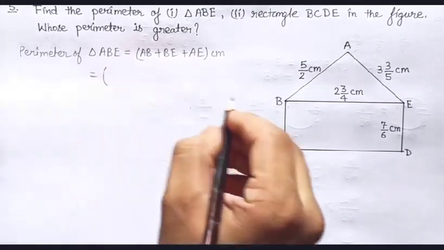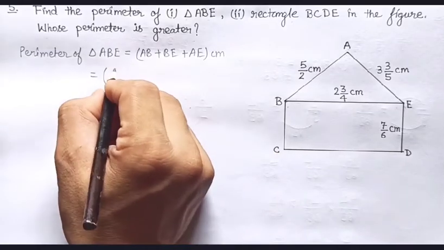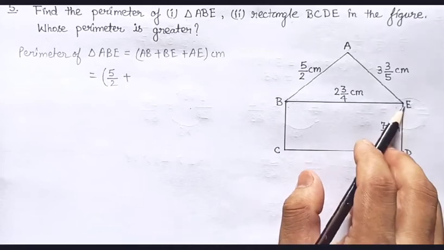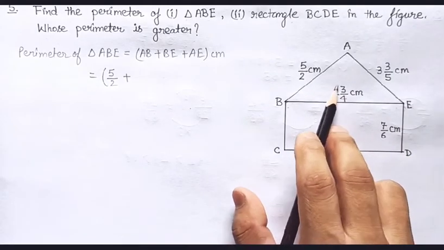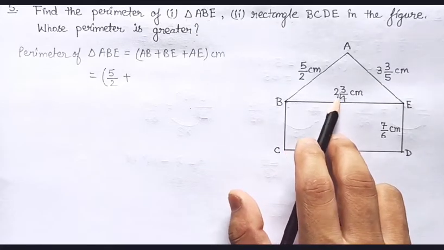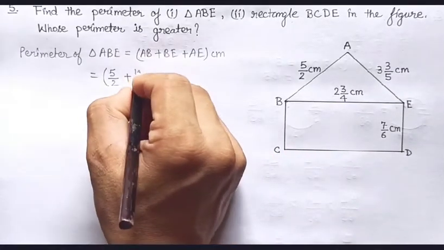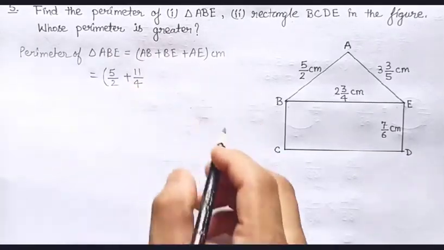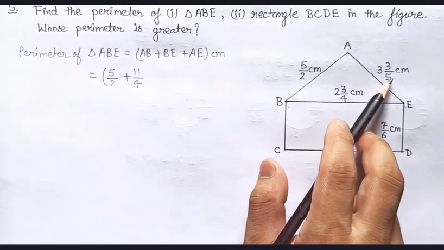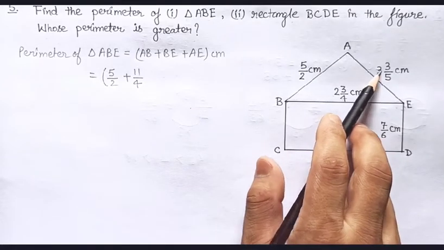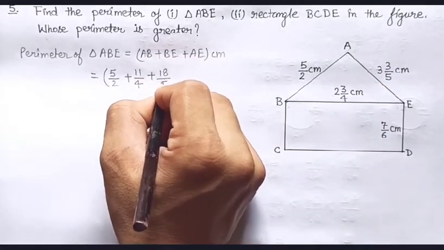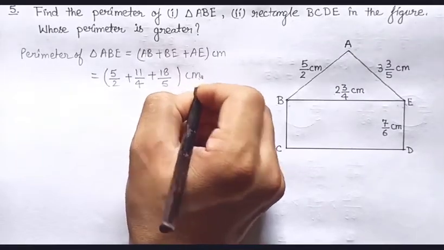We have AB equal to 5/2 plus BE is equal to 2 3/4 in mixed form, so it can be converted to a fraction: 4 into 2 is 8, plus 3, 11/4 centimeters. And AE is again given in mixed form, so it can be converted: 5 into 3, 15, plus 3, 18, so 18/5 centimeters.